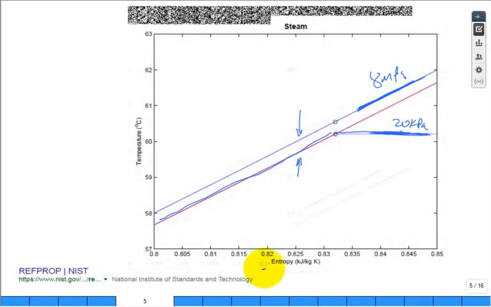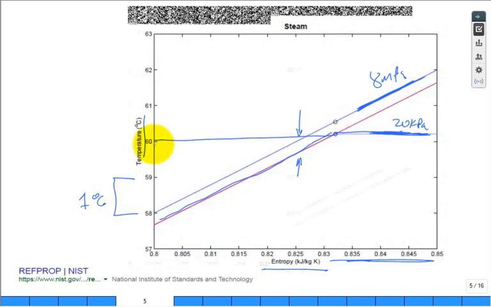So this is still constant S. Look at the temperature. What is the increment of temperature from here to here? 1 degree C. That does come in good at 60. Can you give me a visual of what the temperature is of state 4?